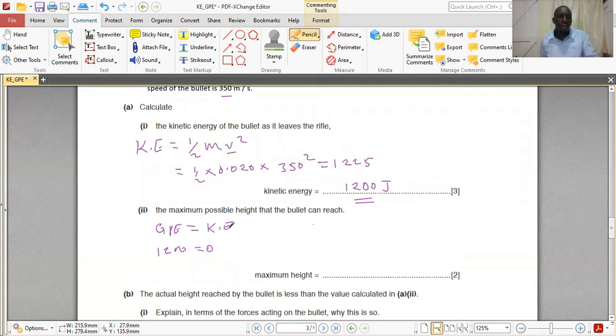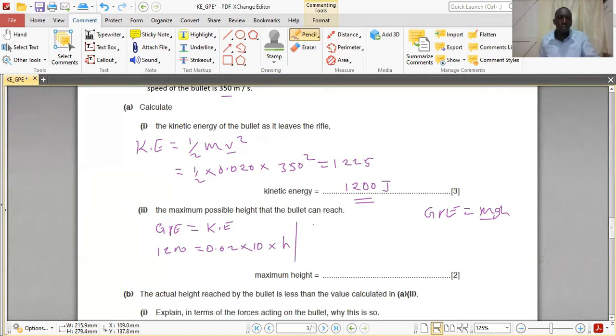By the way, sorry, just a reminder, GPE is calculated by mgh. So if GPE is equal to kinetic energy, that means 1,200 should be equal to mass, which is 0.02, times g, which in this case we'll use 10, times h, which we are looking for.